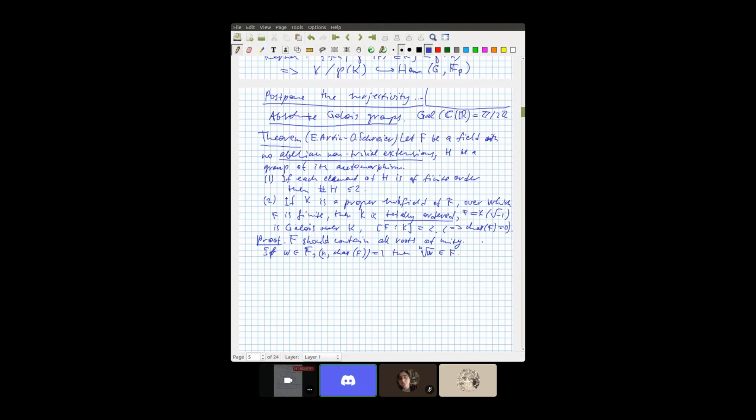Of course we may assume that H is non-trivial, and it contains an element sigma, which is non-trivial, and we assume that its pth power is 1 for some prime p.